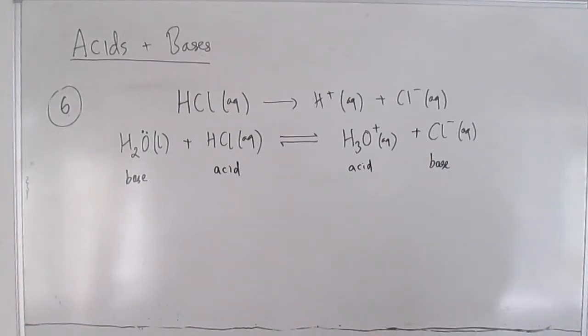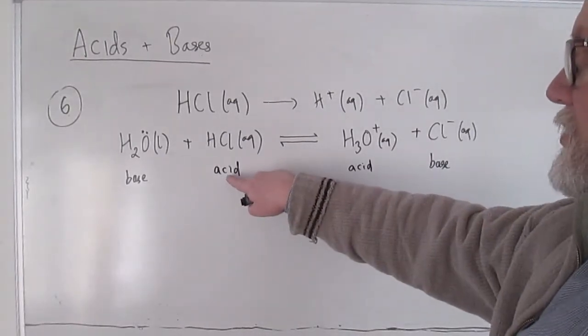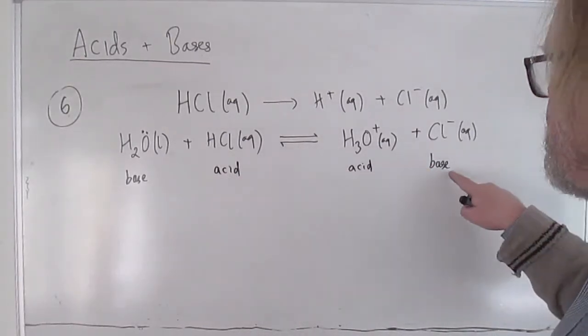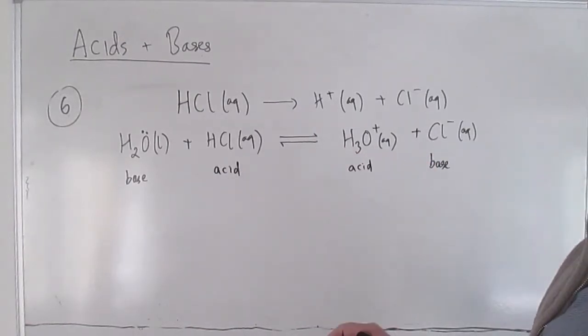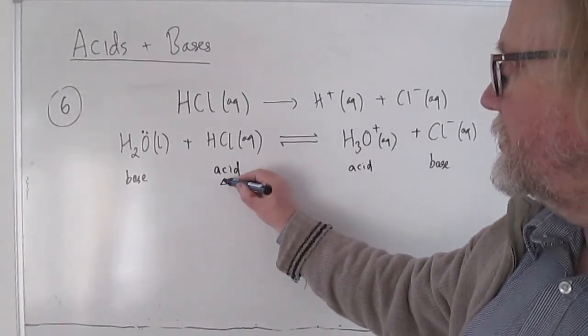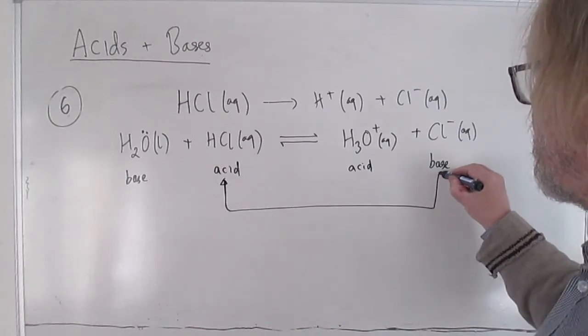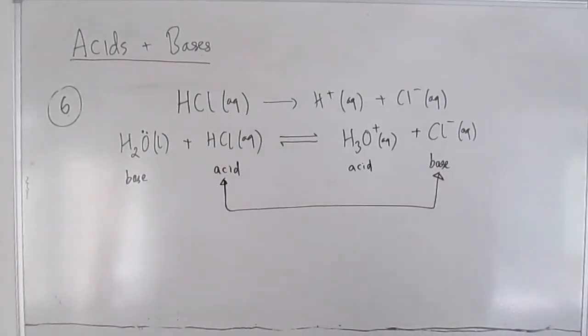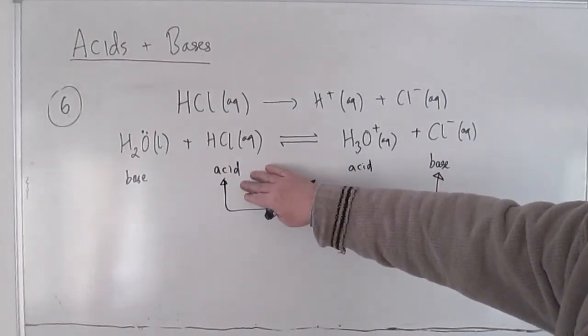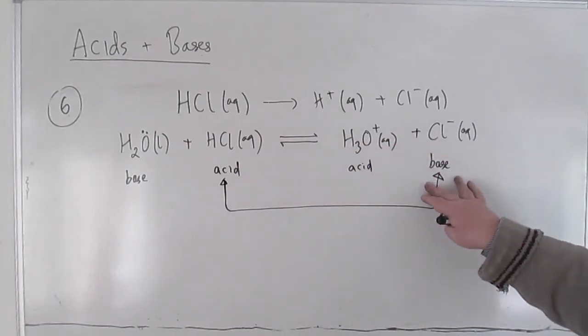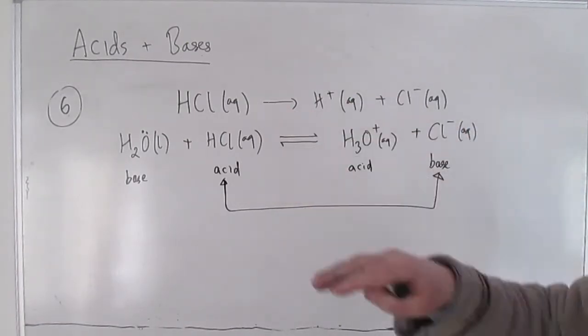So the idea of conjugate pairs, which is what question 6 is examining, is that a conjugate pair is just a pair of species which differ by an H plus ion. So HCl and Cl minus are a conjugate pair. That's the acid which has the H plus to donate. That's the base which can accept an H plus to go back to there.